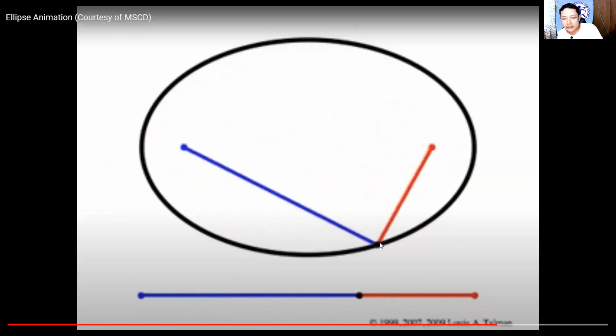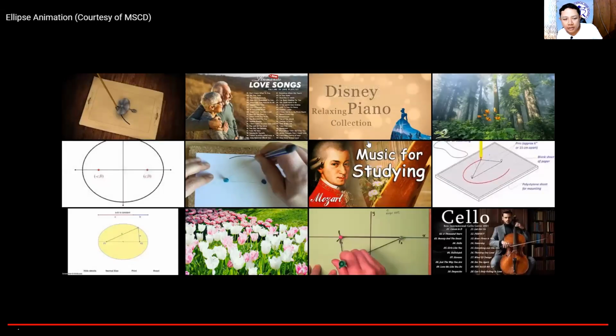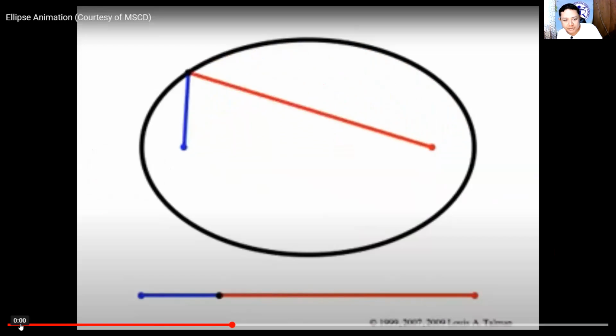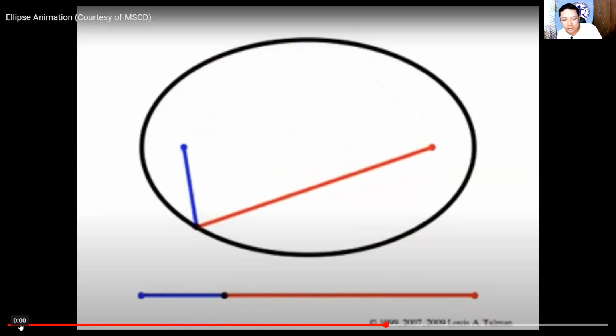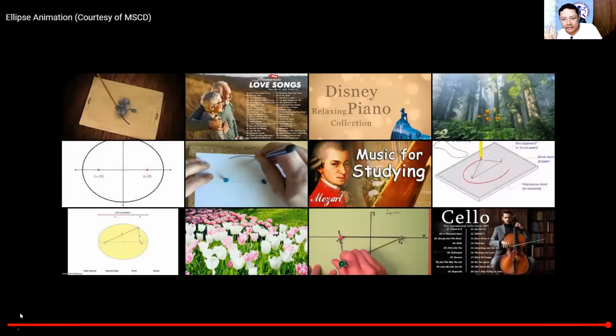And as the two foci connect, if we connected a string through these two foci, we will be able to draw the ellipse. So that is how the ellipse is formed. So that's how important the foci of an ellipse is in our lesson. Okay, take note of that. Now let's continue.